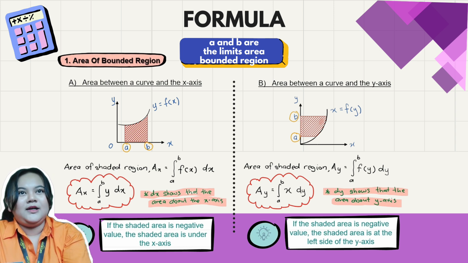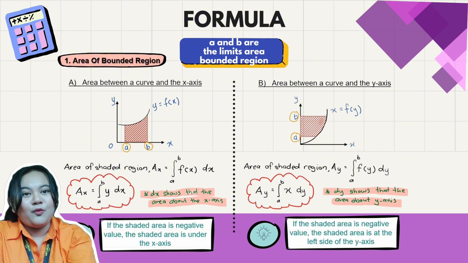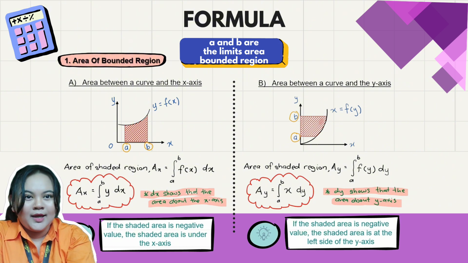Now, the area between a curve and the y-axis. How do we know it's the y-axis? Let's look at the dashed line. It points towards the y-axis. When it comes to the y-axis, for the lower limit and upper limit, we will refer to the y-axis, so the integration calculation will become dy and the function will become f(y), which is the function of x.